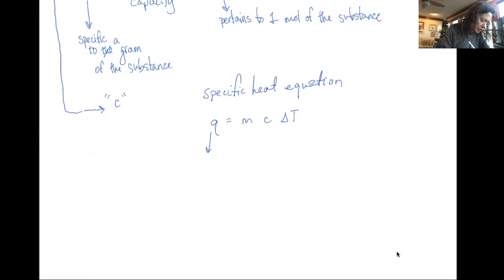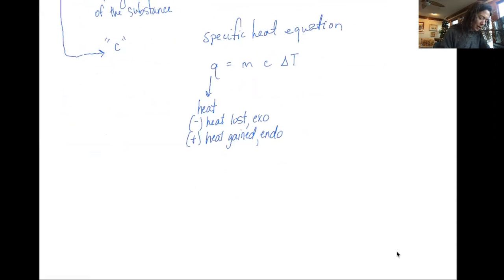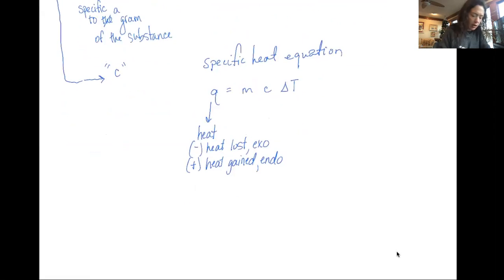Q is going to be the heat. If it is negative, then heat was lost, therefore exo. If it was positive, then heat is gained, and therefore the process was endo. Recall that in every heat exchange scenario, the Q gained equals the negative Q lost, right? That's an important concept here.